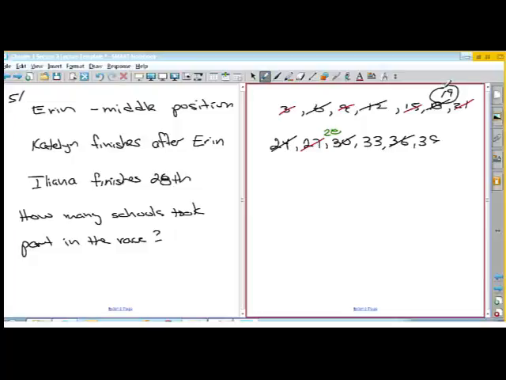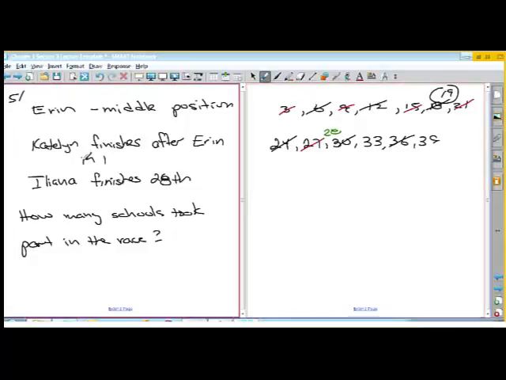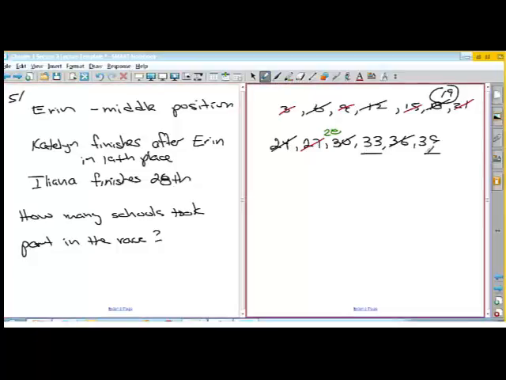Caitlin is here, and she finishes after, oh, they actually give her position. Okay, I was thinking there was something missing there that would help us. Okay, Caitlin finishes after Aaron in 19th place. Okay, that's one additional place, because otherwise you could probably keep going on higher multiples. So our two choices here are 33 and 39.